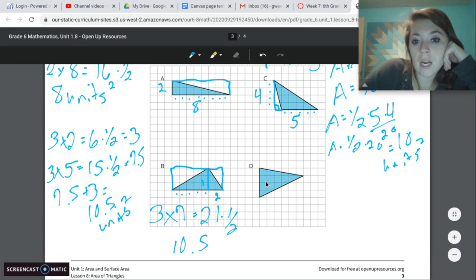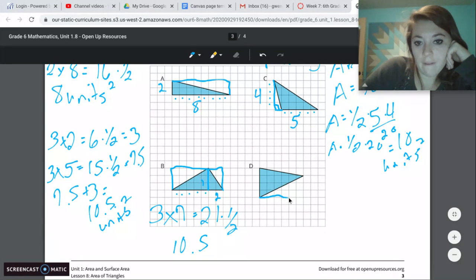So for this one here, now this one you have to be careful with. Once again, we're going to have to extend our perpendicular height. So 1, 2, 3, 4, 5, 6, to make it go from the base to the topmost point. So it always has to be from the base to the topmost point for our height. So we just said that was 6.